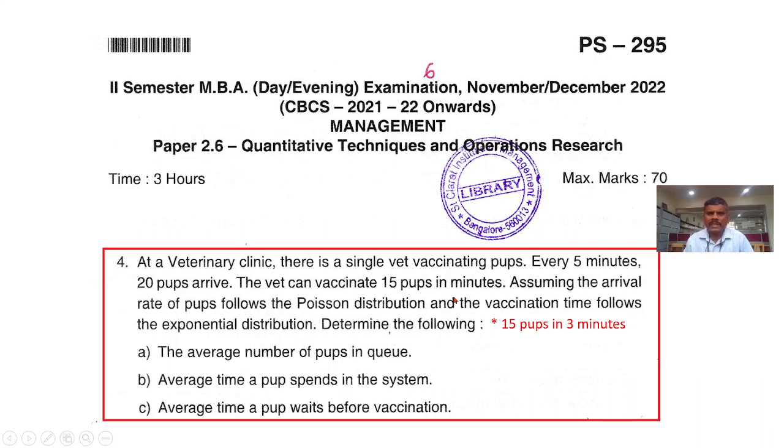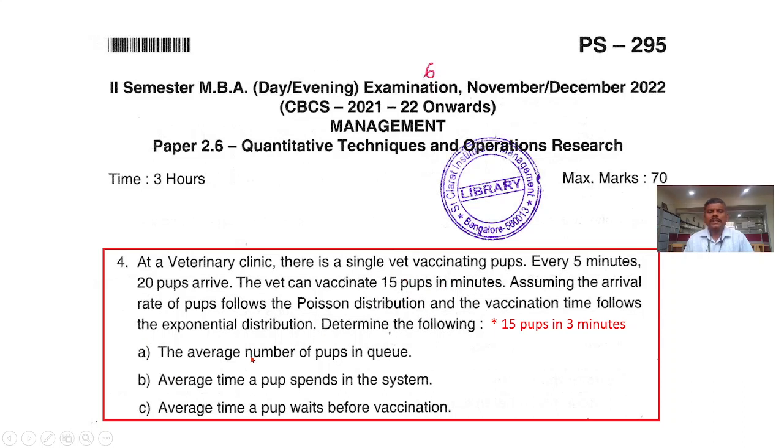I do not know exactly what that number is, but for discussion's sake, I have kept that number as 3. In your case, you can increase that number and see what answers you get. So the arrival rate lambda is given, then the service rate mu is given.